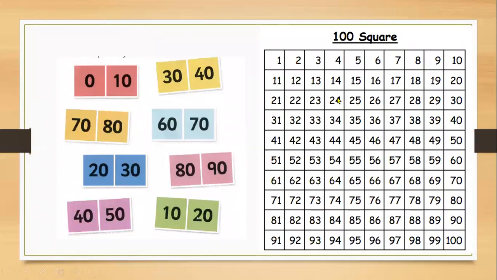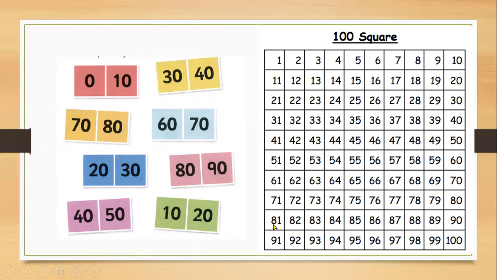This is today's exercise, page number 5. You can find the midpoint number easily by using the 100 square chart. For example, I want to choose the numbers 80 to 90. Where is 80? The first number is 8, so I have to find 8 in the first column.